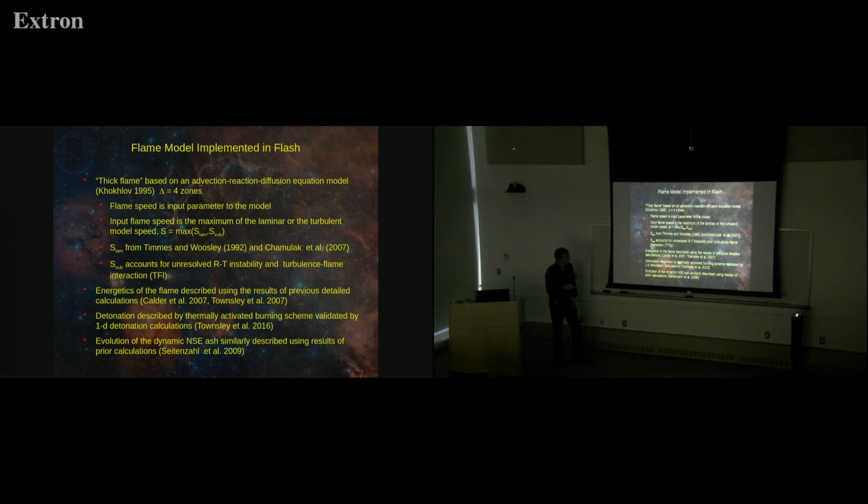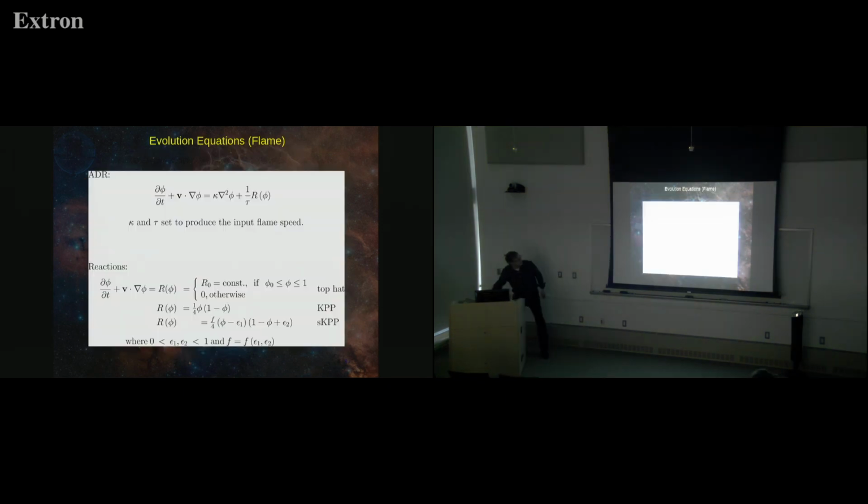The detonation is described by a thermally activated burning scheme that has been studied. And as I mentioned, that iron group stuff in NSE ash is dynamic, and Ivo Seitenzahl did a calculation of the equilibrium for that, and we used that to inform the changing ash. So the model looks like this. You have an advection diffusion reaction scheme where phi is a reaction progress variable, and it goes from 0 to 1 to mark where you're either unburned or burned.